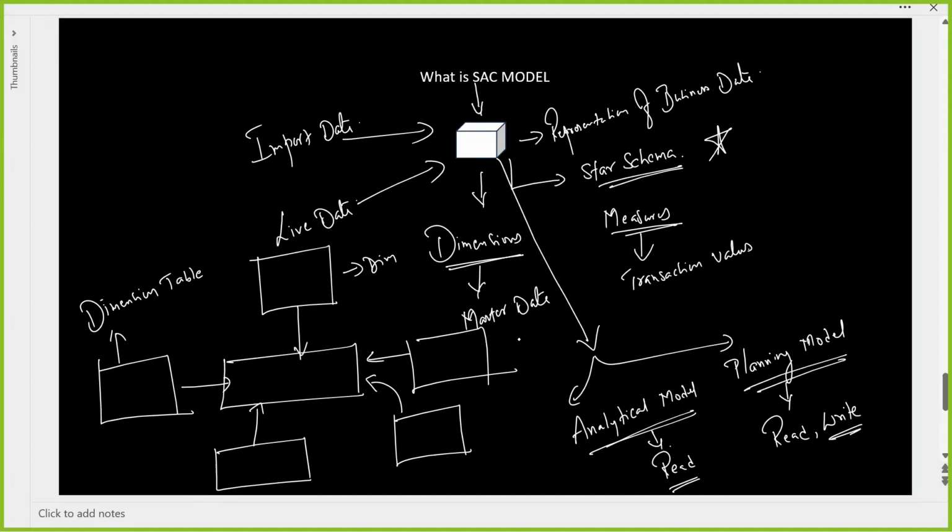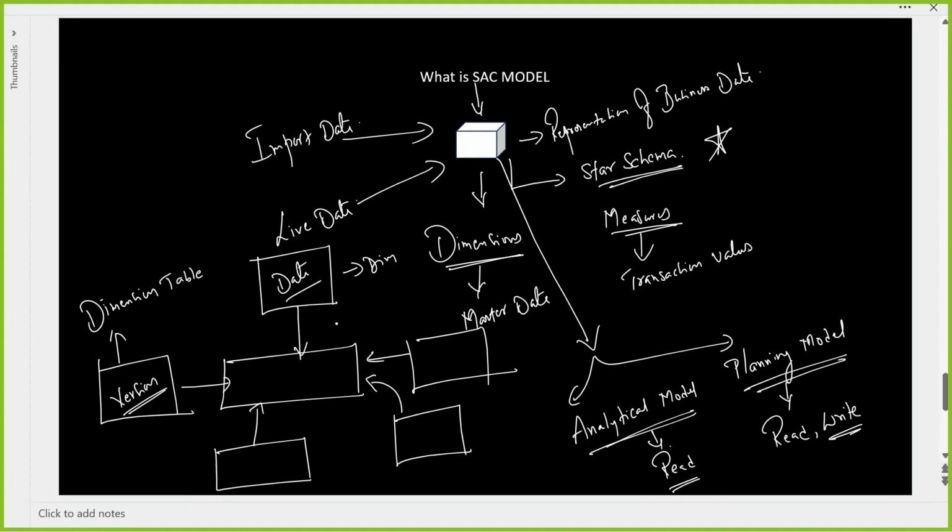In analytical model, one dimension is mandatory, that is version dimension. So version is mandatory. Whereas in planning model, two dimensions are mandatory. One is your version, another is your date dimension.